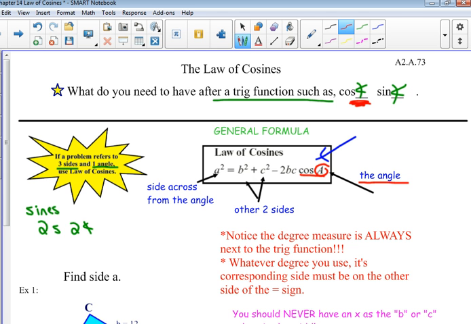Whatever's across from this angle in the triangle is going to go across the equal sign. I always remember it that way. Then the B and the C are just the other 2 sides of the triangle. It doesn't matter which one's which, because addition is commutative and so is multiplication. So the order is not going to matter.